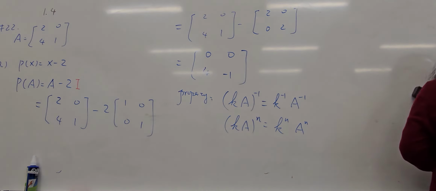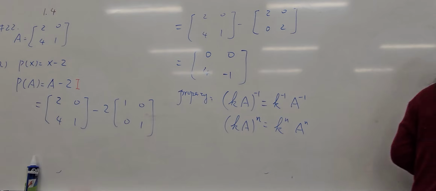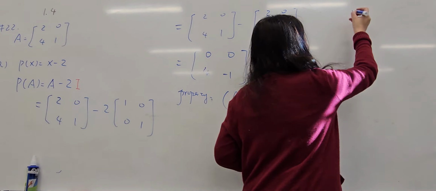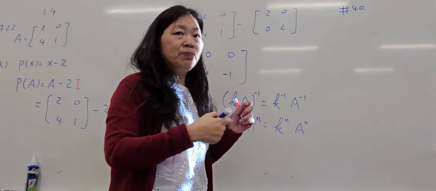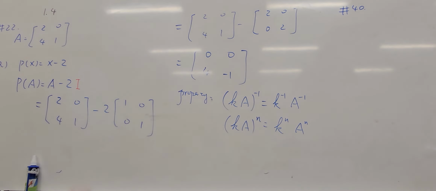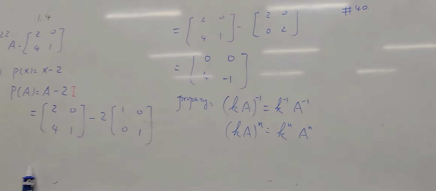Because most of the time, when you learn linear algebra, it's meaningful to see its application, okay? So students need to do proofs, and I saw you guys love a couple of proofs. Number 40 is right here, okay?